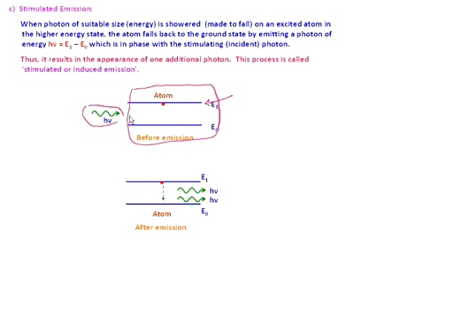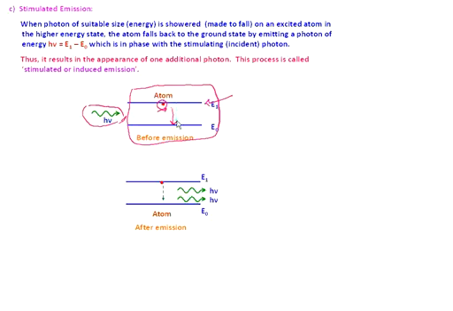When this incident photon from the external source meets this atom, the photon and the atom interact together, and as there is no collision, it is basically an electromagnetic interaction, and because of that this excited atom gets induced and jumps into the ground state, right?